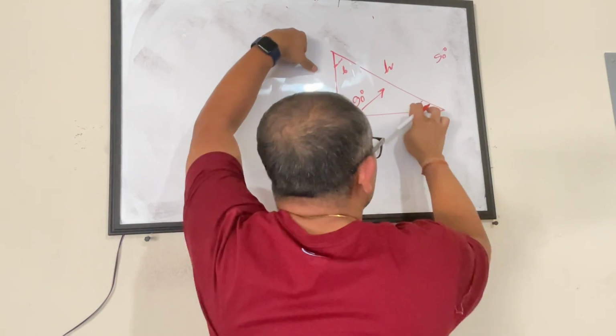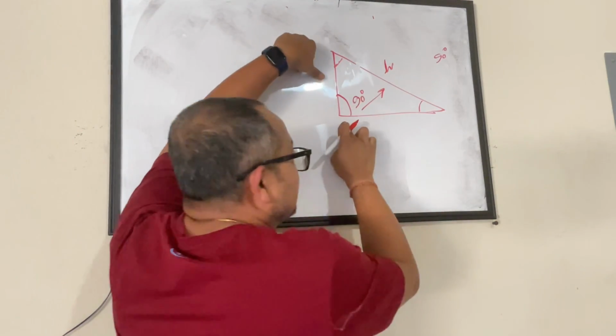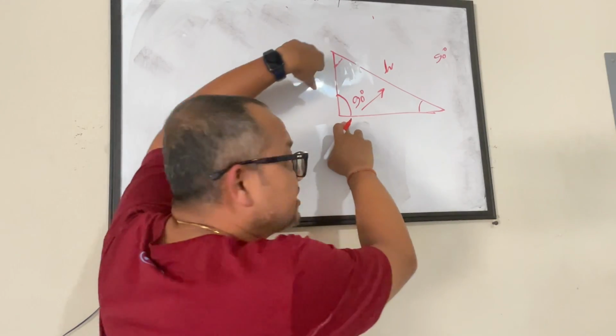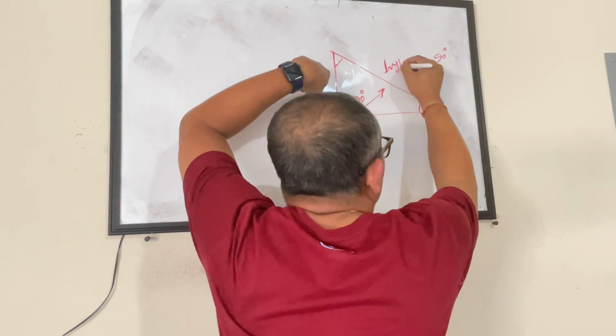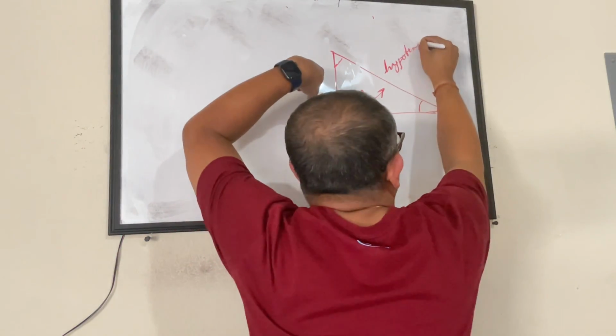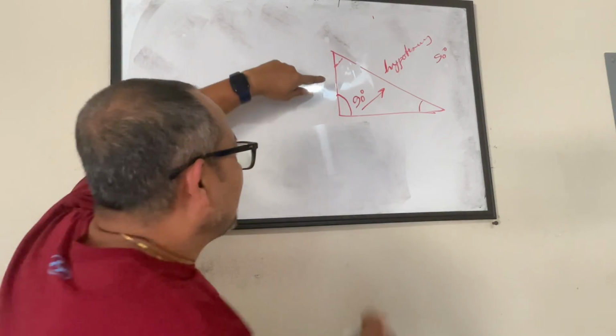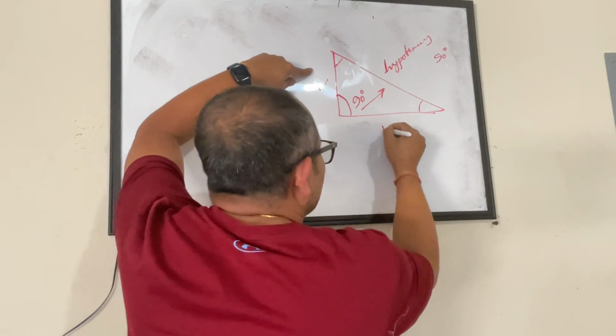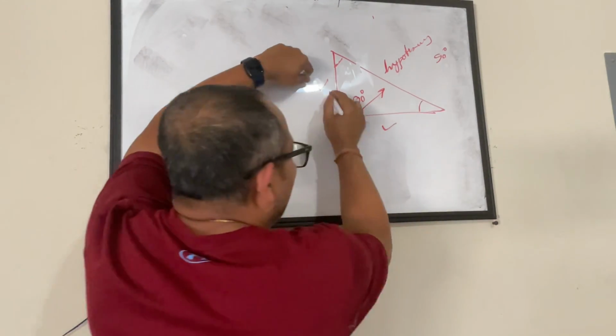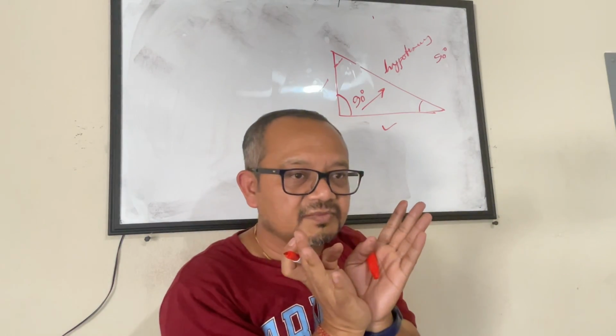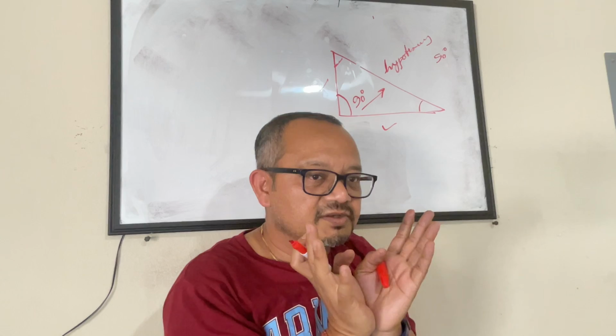So the side opposite to the largest angle in the right angle triangle is called hypotenuse. Don't care about the spelling, it might be wrong. And the other two sides, this and this, are the adjacent sides, which are making the 90 degree. Are you guys with me so far?